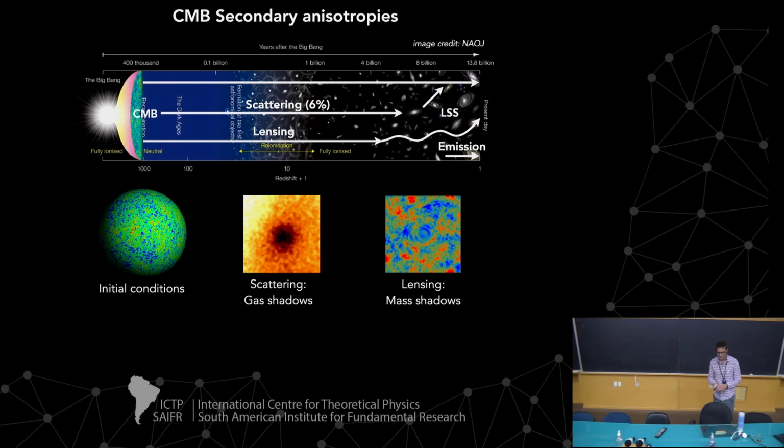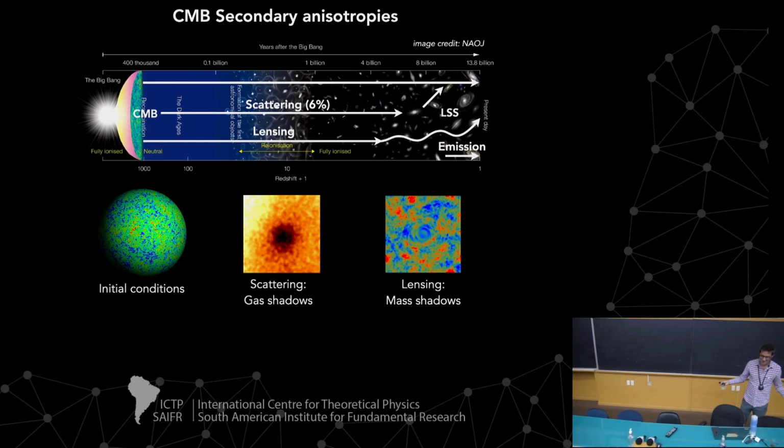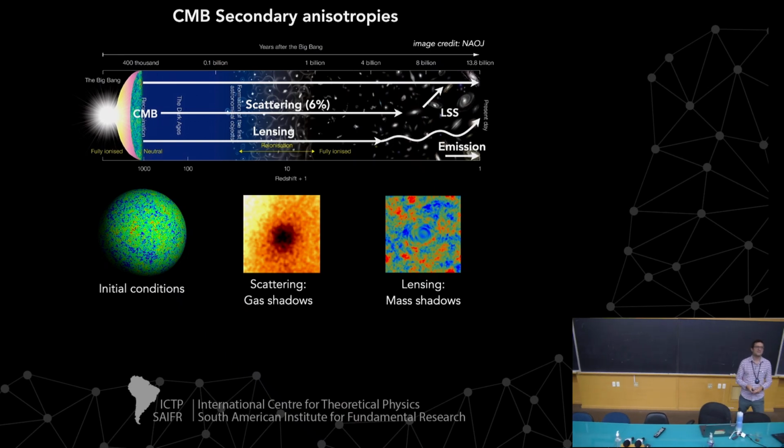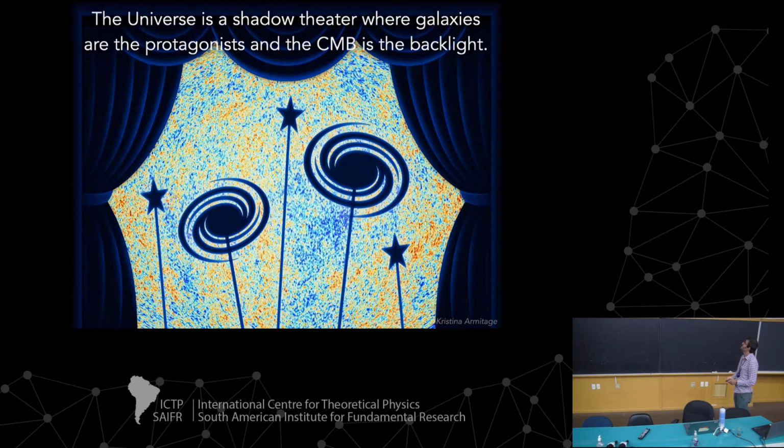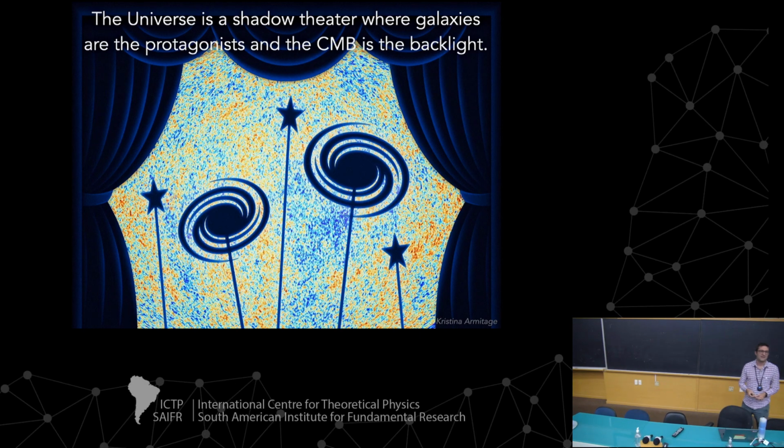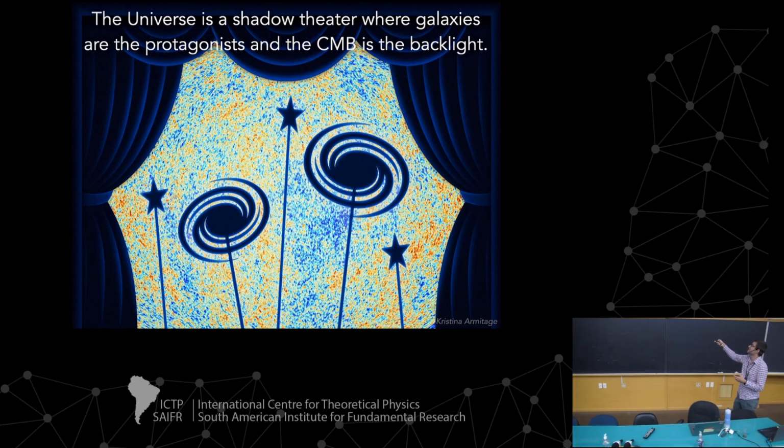But the metaphorical picture I want you to keep in mind when you think about the CMB secondary anisotropies is that the observable universe is like a shadow theater, where you have the puppets and the shadows and it tells a story. And here the backlight is this cosmic microwave background, the first light from the Big Bang. And the protagonists, the main characters in this shadow theater, are the large-scale structure and the galaxies in front. Really not the stars. It's unfortunate that there are stars on this drawing.